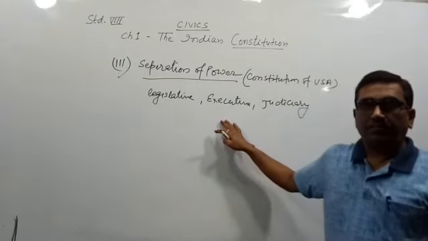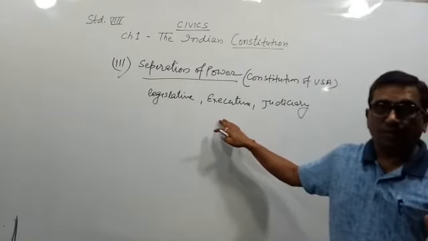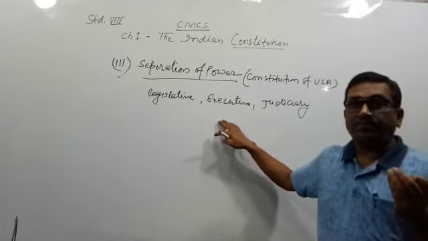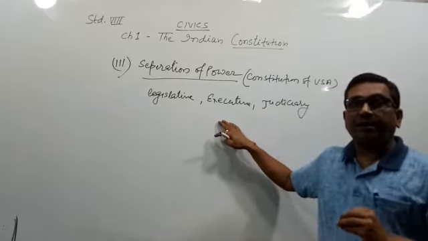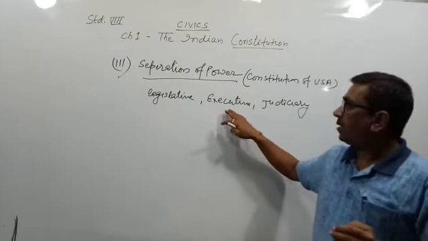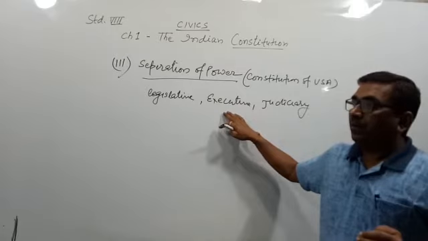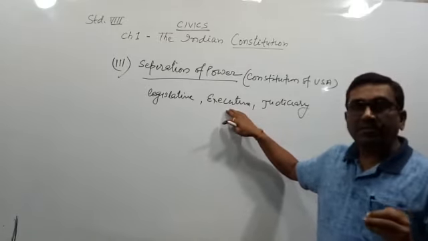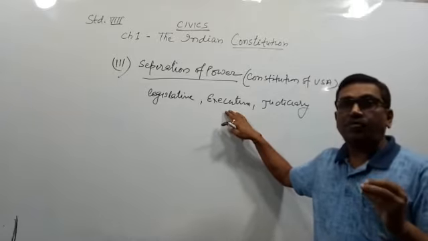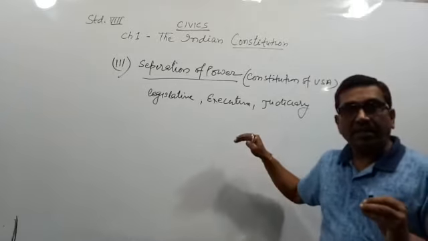Executive has two groups. One is the political executive, another one is the permanent executive. Political executive are also called the temporary executive, meaning the council of ministers comes under the temporary executive. Why are they called the temporary executive?